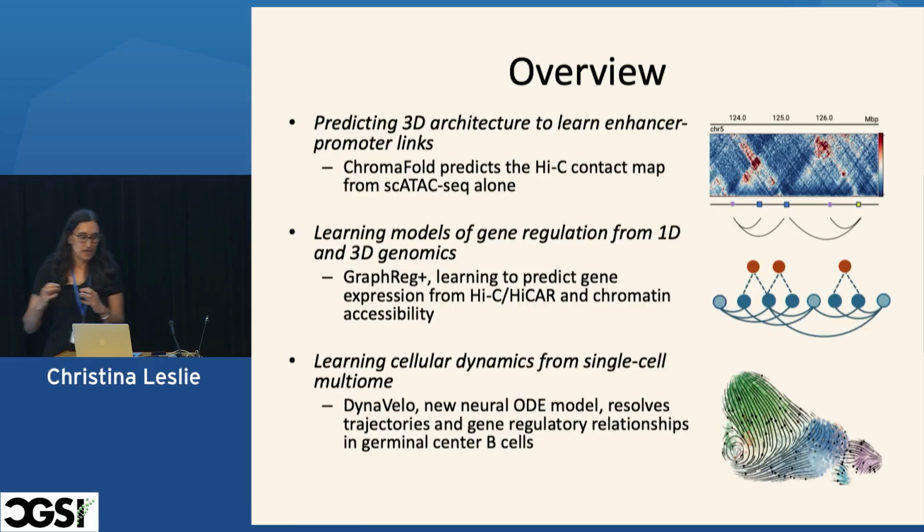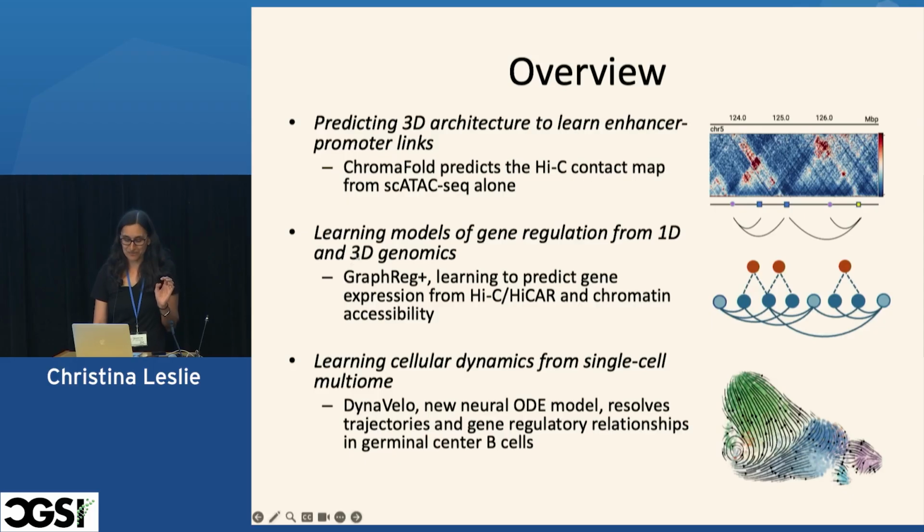So using Hi-C, or it's actually going to be HiChIP data and chromatin accessibility in these models to predict gene expression, and then we can figure out what enhancers are regulating what genes.